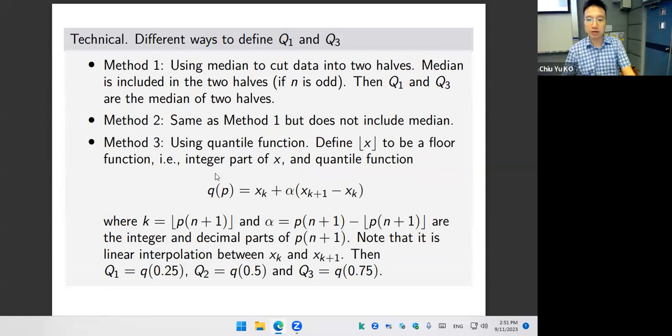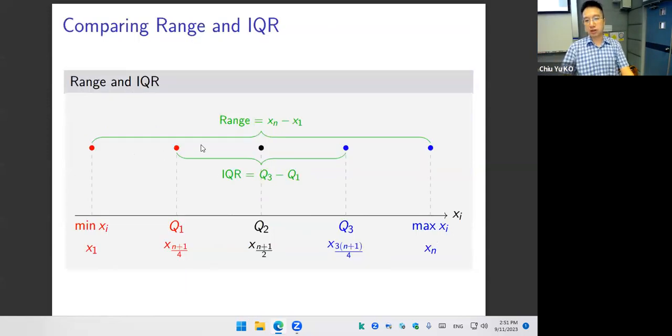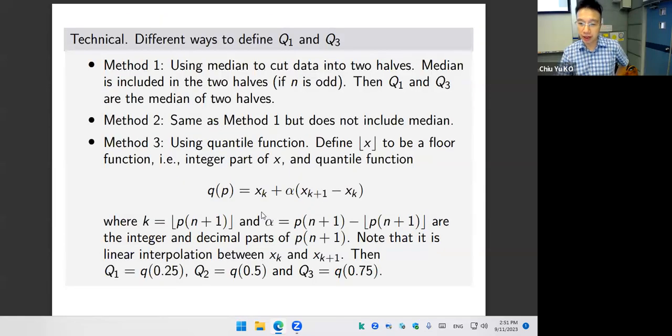But let me remind you how you can do this interquartile range. Just to remind you, the range is the largest minus the smallest. Interquartile range will be the median of the second half minus the median of the first half.